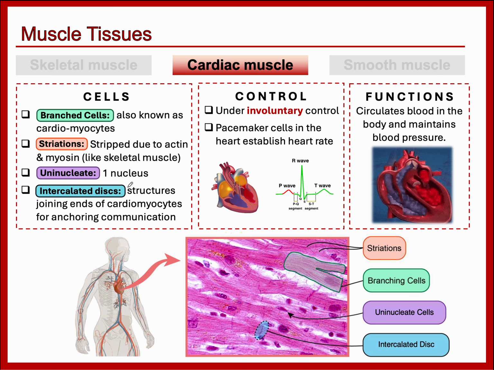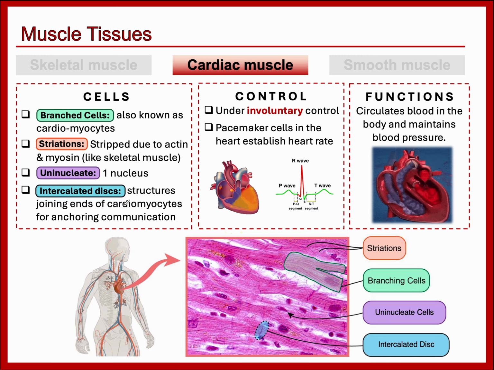The thing that will tell you that this is a cardiac muscle is the intercalated discs. If you see these little zigzags here, right? Do you see these zigzags? Over here, over here, over here. These are called intercalated discs.